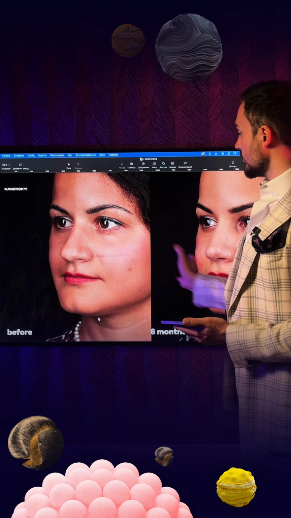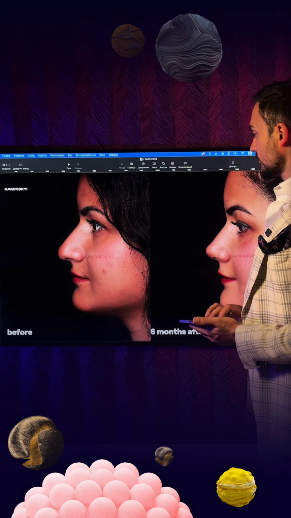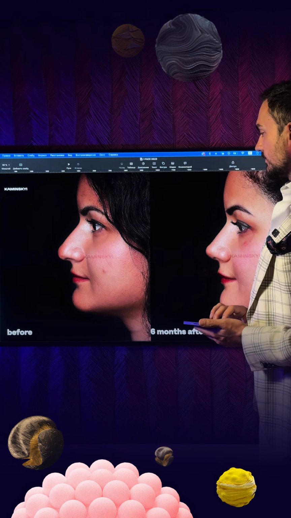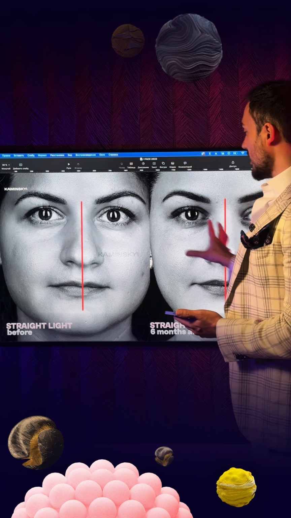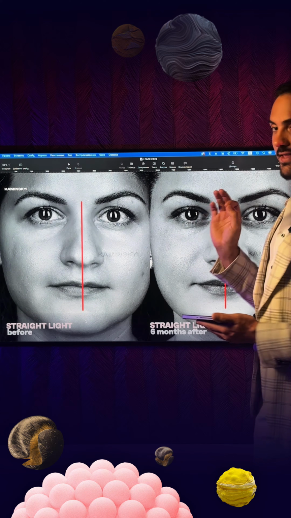This is the 3/4 view before and 6 months after the surgery, the side view before and 6 months after the surgery. But when we are looking carefully at the black and white picture, we can see that something is not perfect.